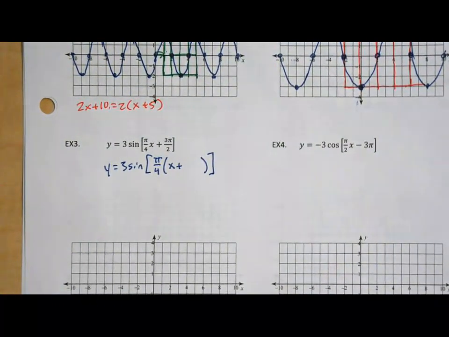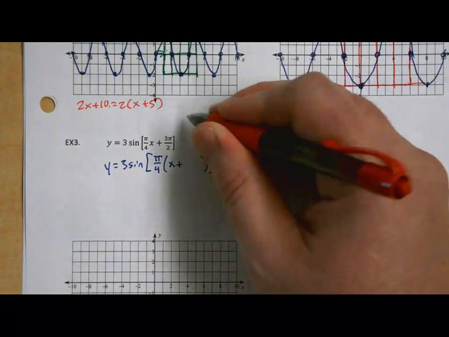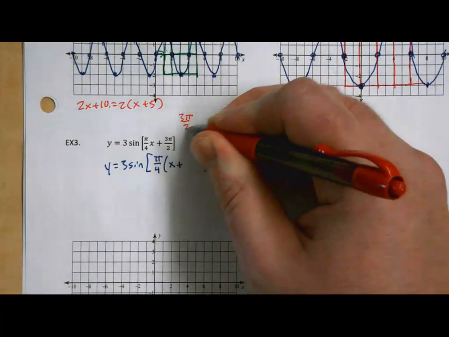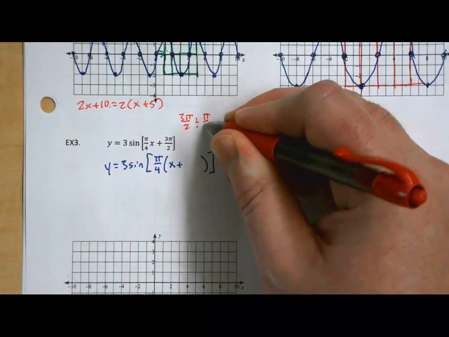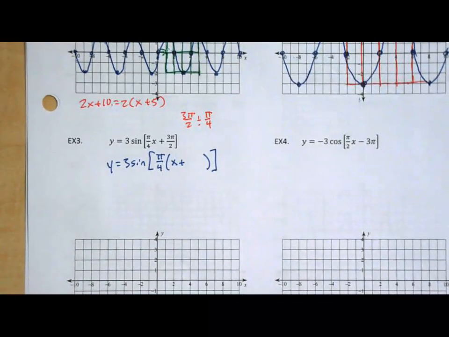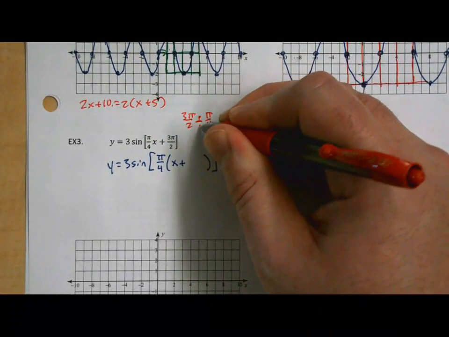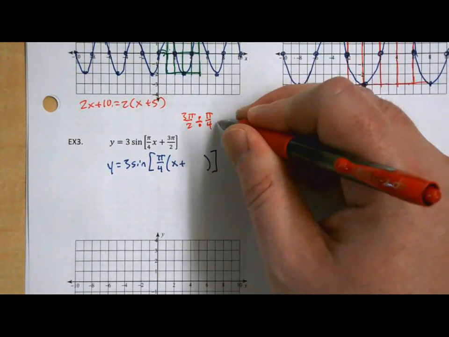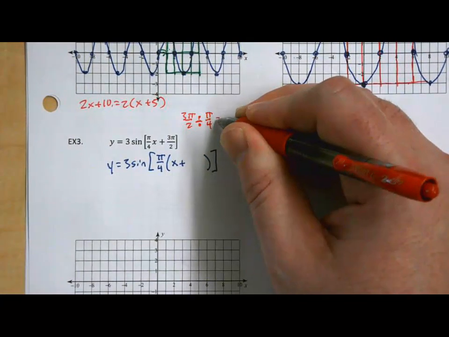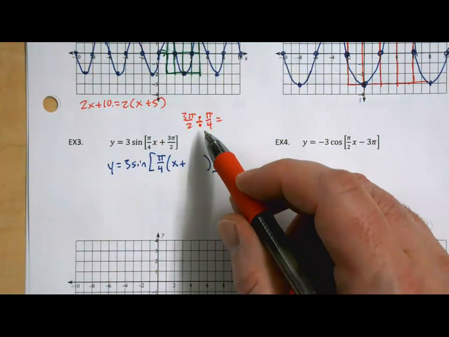So right now, and you might need to actually write this down, take this 3 pi over 2 and divide it by the thing that we're factoring out. Divide it by pi over 4. Do you remember the trick for dividing fractions? KFC or KCF? Keep, change, flip. My teacher used to say, just flip and multiply.